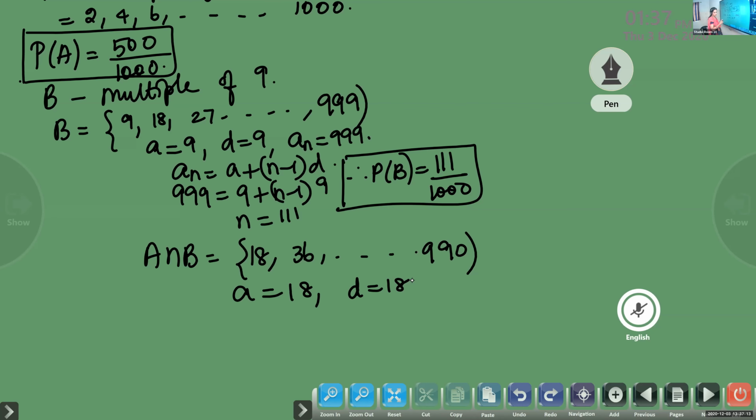So what is the value of n? Those who don't know, we can use AP and find out.